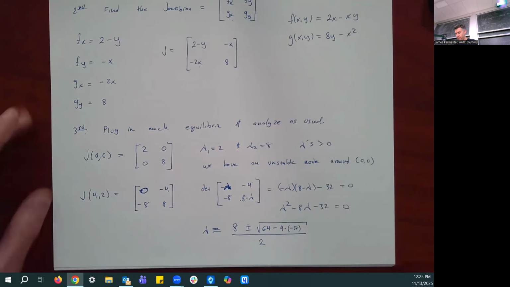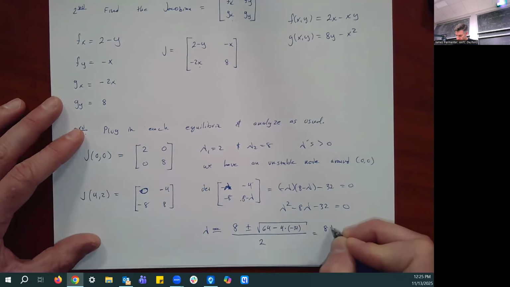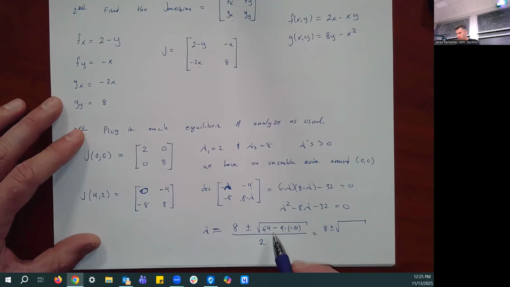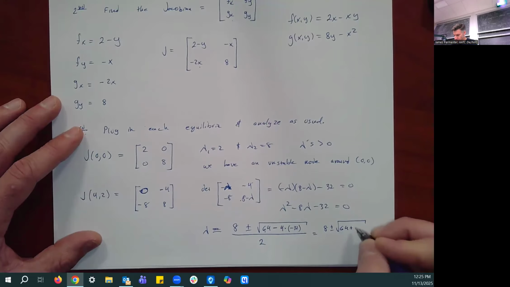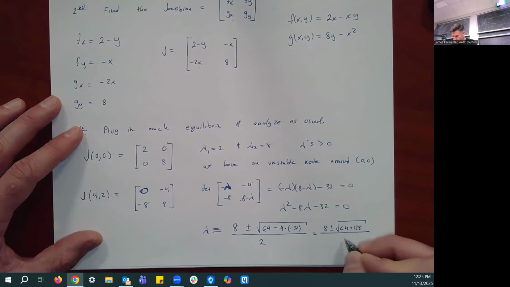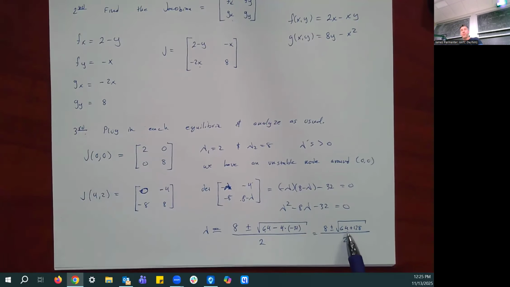So check this out. We have 8 plus or minus the square root of 64 plus something, I think 128. I don't really care what that number is. Here's the point: 64 plus something is bigger than 64, which means that square root is bigger than 8. 8 plus it is positive, 8 minus it is negative, because that thing there is bigger than 8, which directly comes from the fact that the determinant was negative.